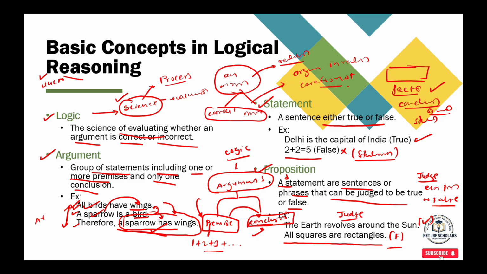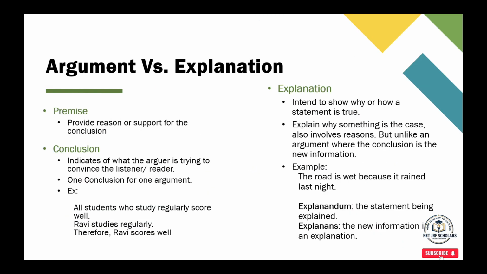False, because in a square all sides are equal, whereas in a rectangle only 2 sides are equal. So there is a difference, but we presume, we judge that these sentences are correct. These are judgments of statements, whether they are true or false, not exactly related to reality. Next, we have premise.